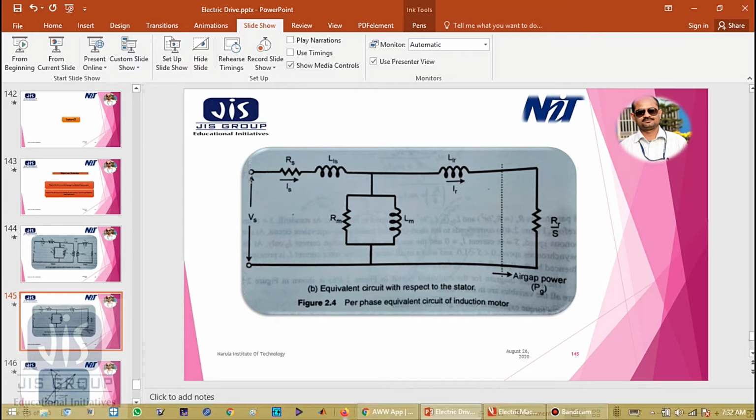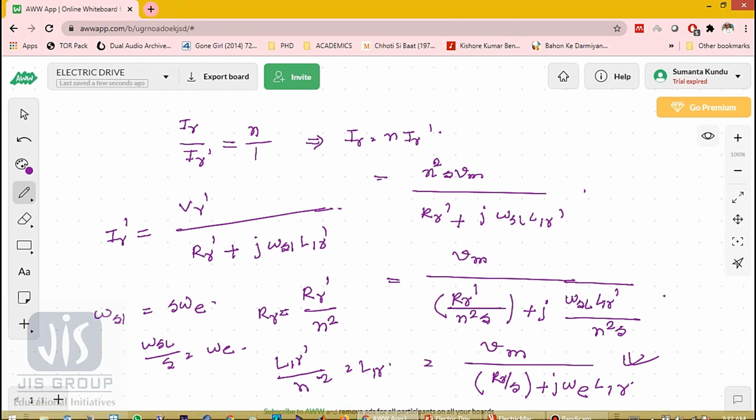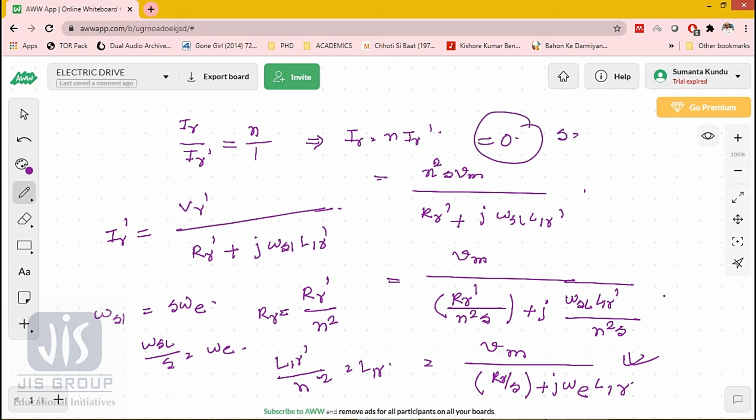So if S equals 0, this below term will become infinity, so current IR will be 0. The current IR will become 0 when S equals 0, and this machine takes only the excitation current I0.